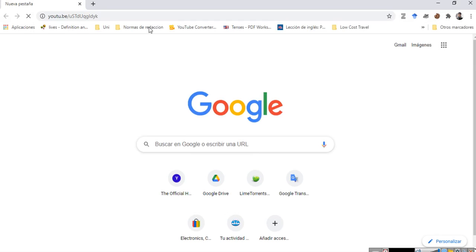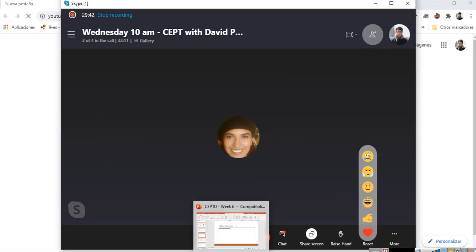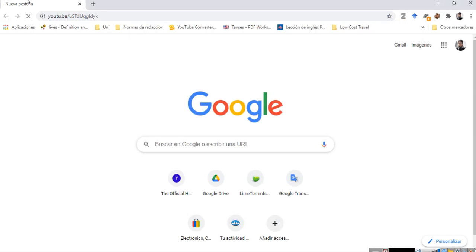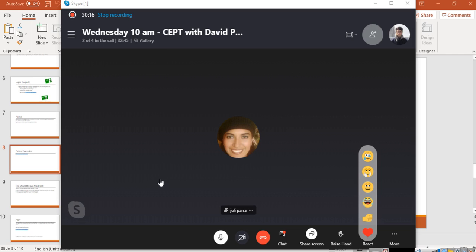Right, it's loading. Alright, now Google Chrome is actually worse than the browser Edge.